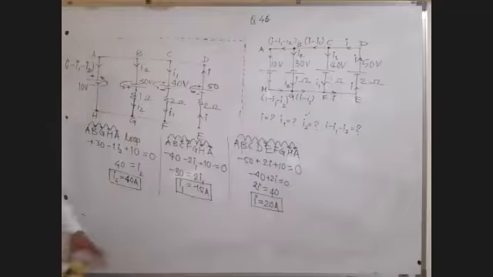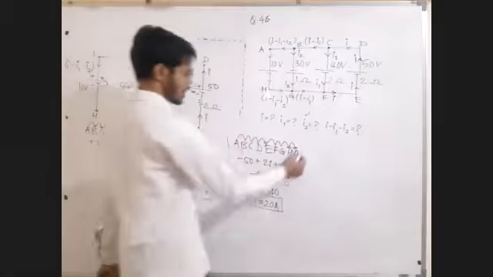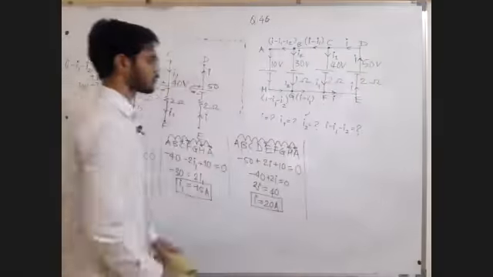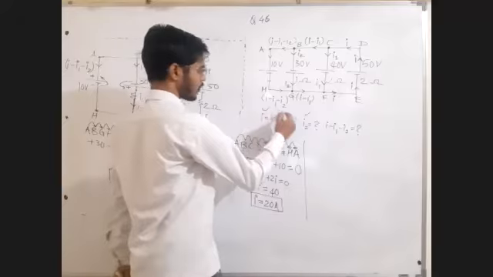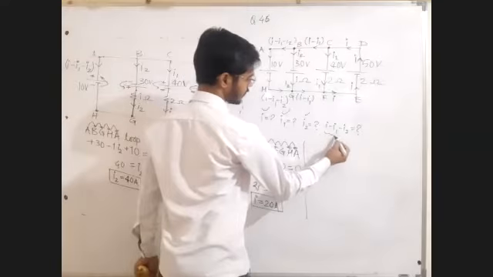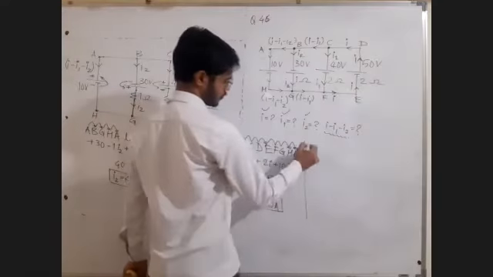Now I have I1 and I2; these values I have found out. The only thing remaining is I minus I1 minus I2.